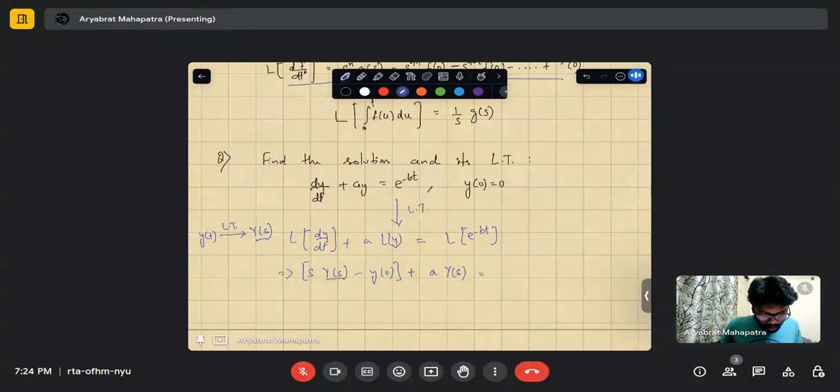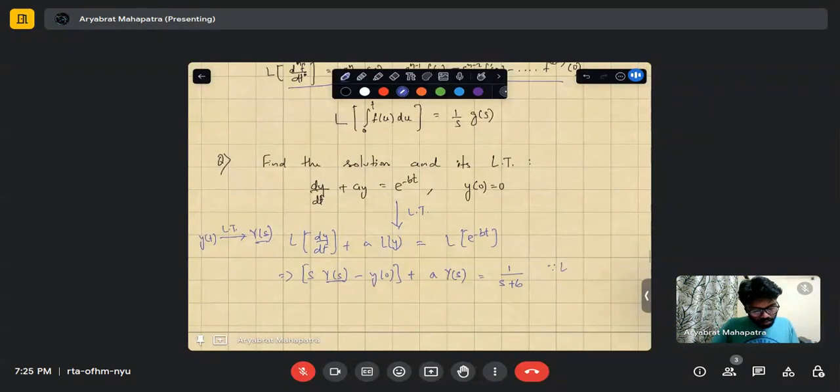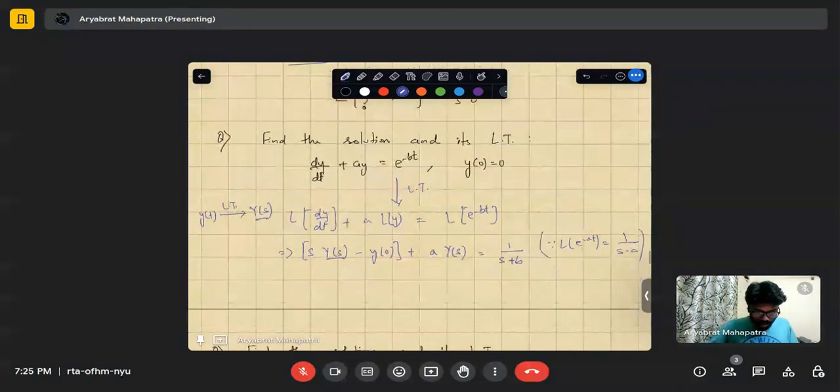Then you have to take the same Laplace transform on the RHS as well. The Laplace transform of exponential of minus bt will be 1 over s plus b, since that is what I showed you earlier, the Laplace transform of exponential of at. From here you can see this is some sort of algebraic equation.